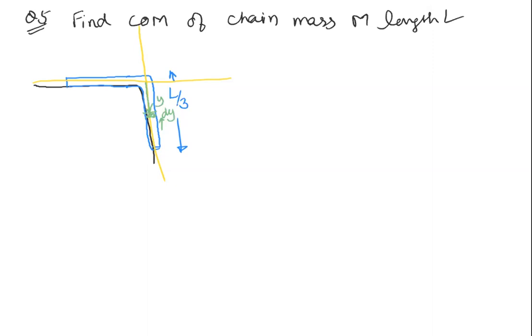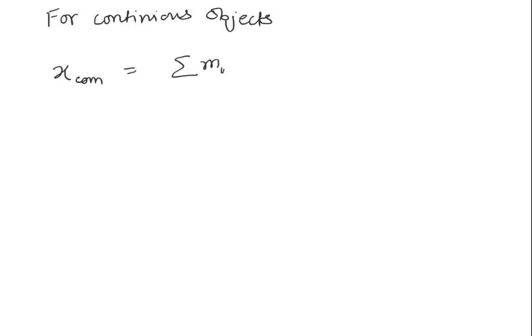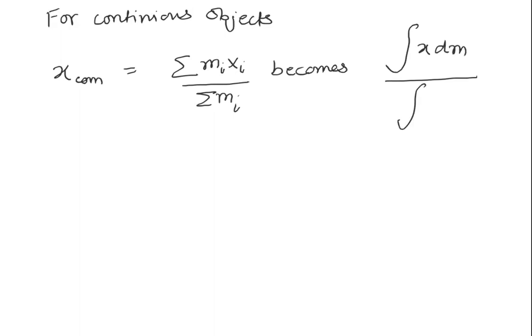So to do this question, what we have to realize is that for continuous objects, x center of mass is equal to summation mi xi divided by summation mi, becomes integration of x dm divided by integration of dm.